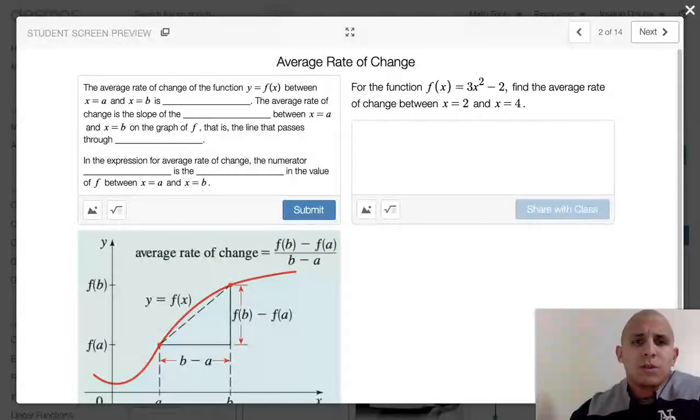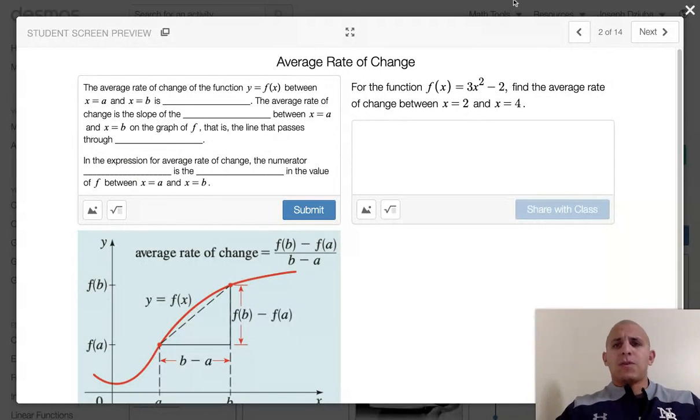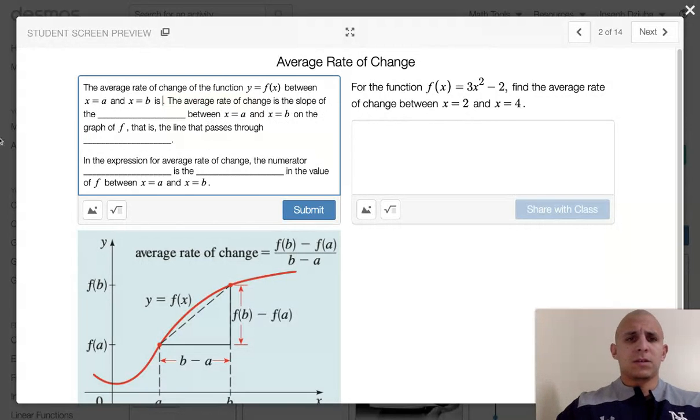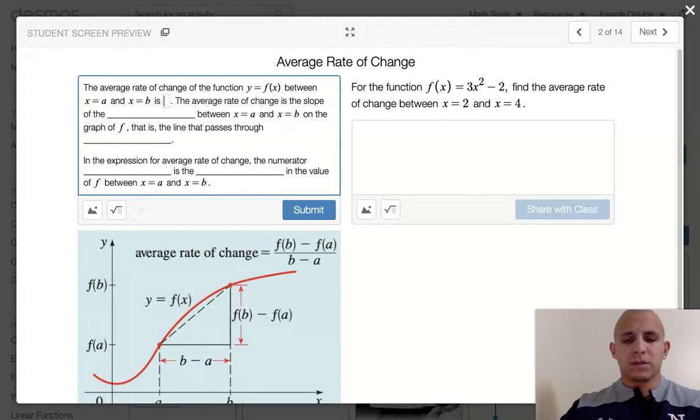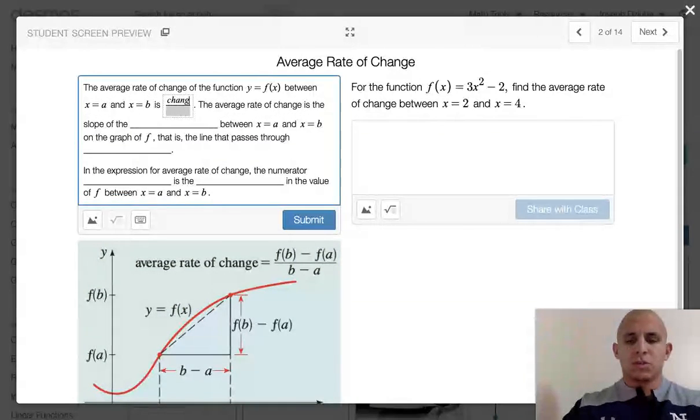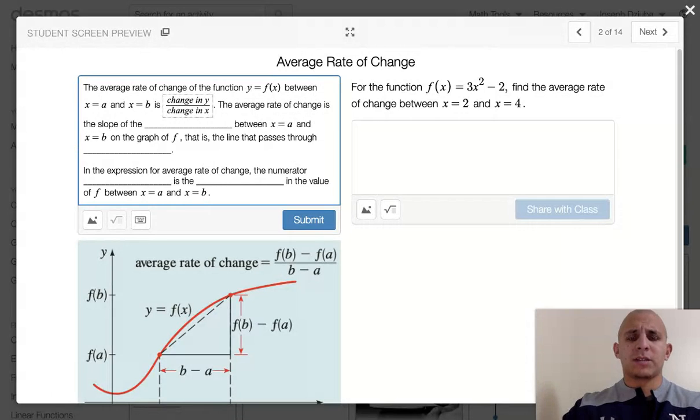All right, so the average rate of change of the function y equals f of x between x equals a and x equals b is the change in y divided by our change in x, which should look pretty familiar, or at least jog your memory.